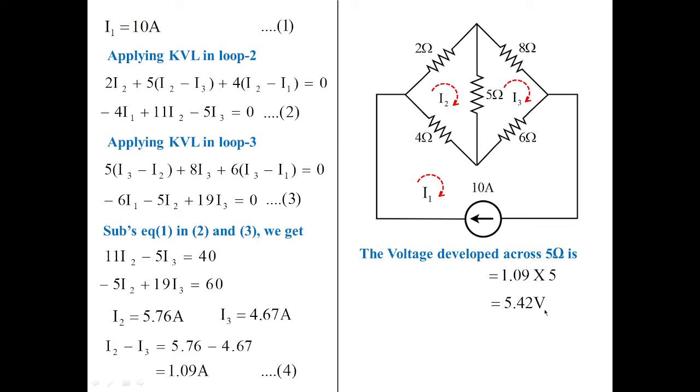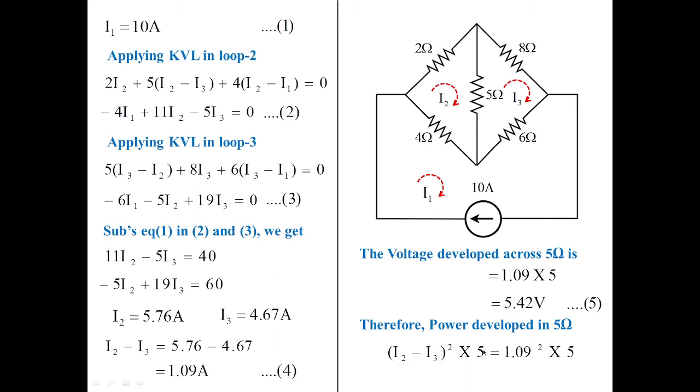I'm making this value as equation 5, and also we need to calculate the value of power. So power can be estimated with the help of I squared R or V squared by R. So either I can use 5.42 squared divided by 5, or I can use 1.09 squared times 5. So it will give you the value of power developed in 5 ohms.